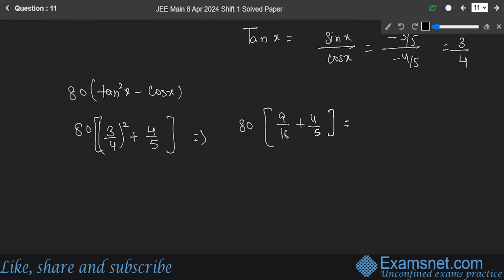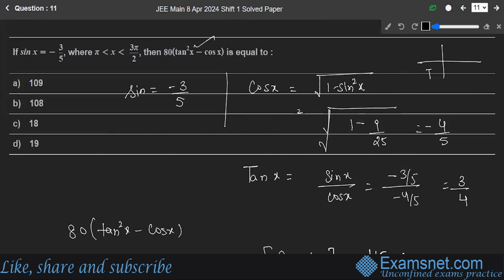Okay, so on solving this whole thing, you will get the answer 109. So this is the answer to the question, 109. You have the first option as the correct answer. Hope you got that. Let's move to the next question.